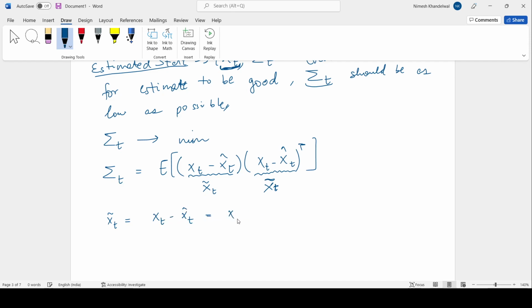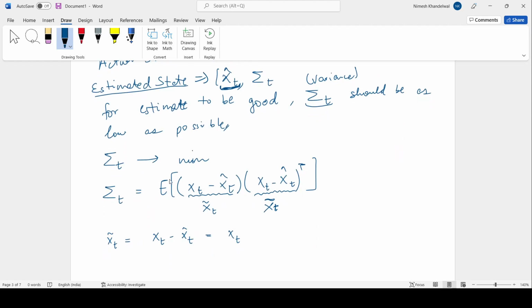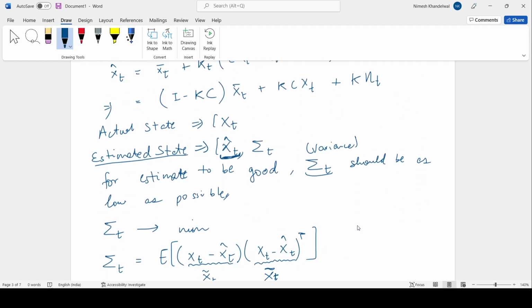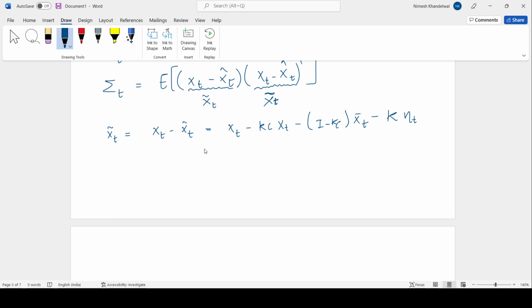If I write x hat of t from here, it becomes x of t minus x bar of t minus K C times x of t minus x bar of t minus K eta t. Finally it comes out to be I minus KC times x of t minus x bar of t, minus K eta t.